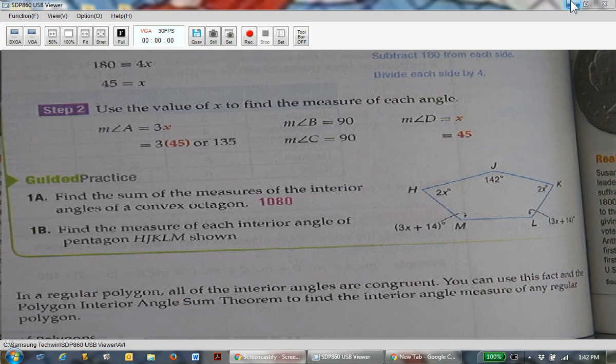Right? Now what do we do? Not divide. What you want to do is get rid of everything that's close to x, separated by a plus or minus sign, so you subtract it.